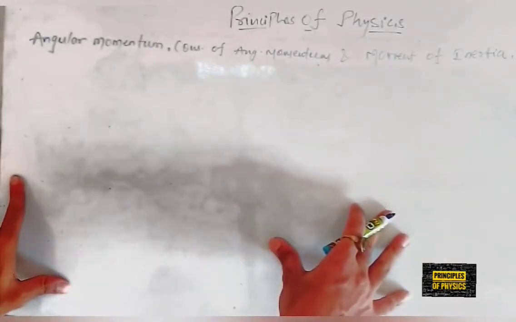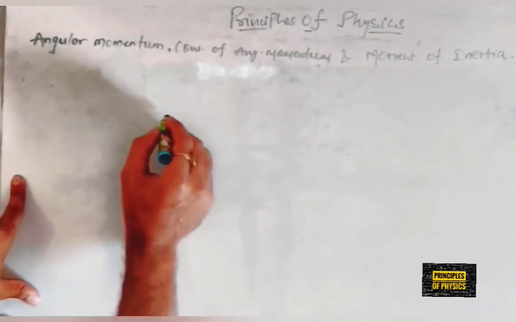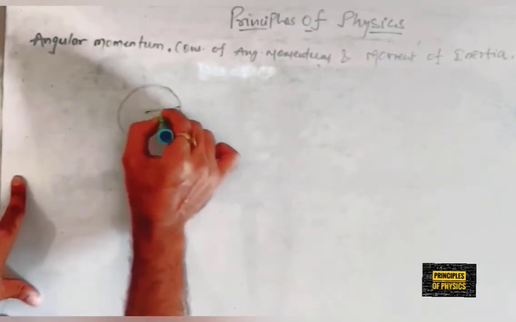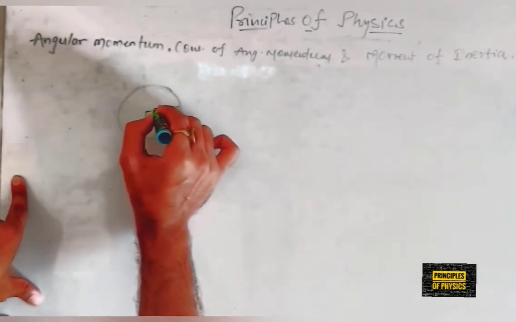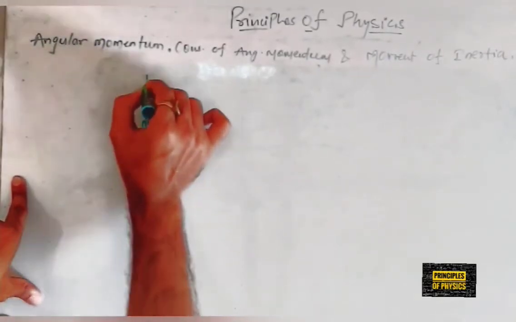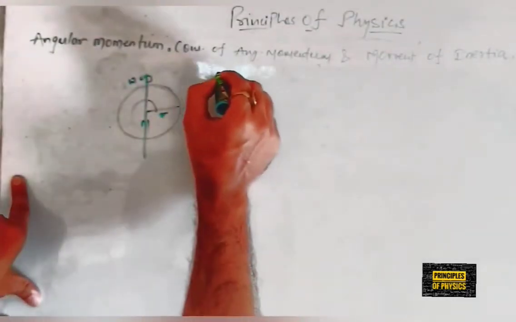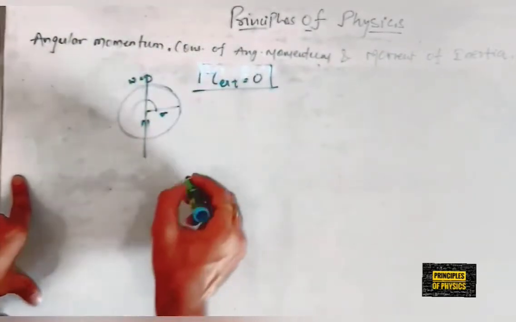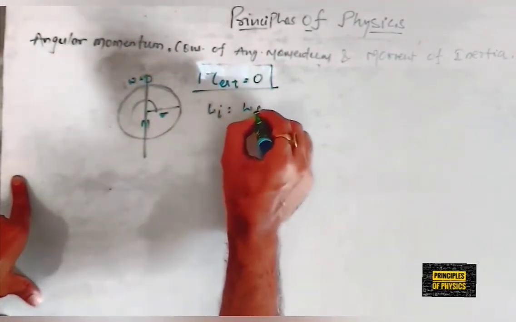Now I will move on to the section of conservation of angular momentum. What it says is that if a body, say having mass m and radius r, is rotating with angular velocity omega, and if the net external torque is equal to 0, then its angular momentum will remain constant, or we can say that L initial equals L final.